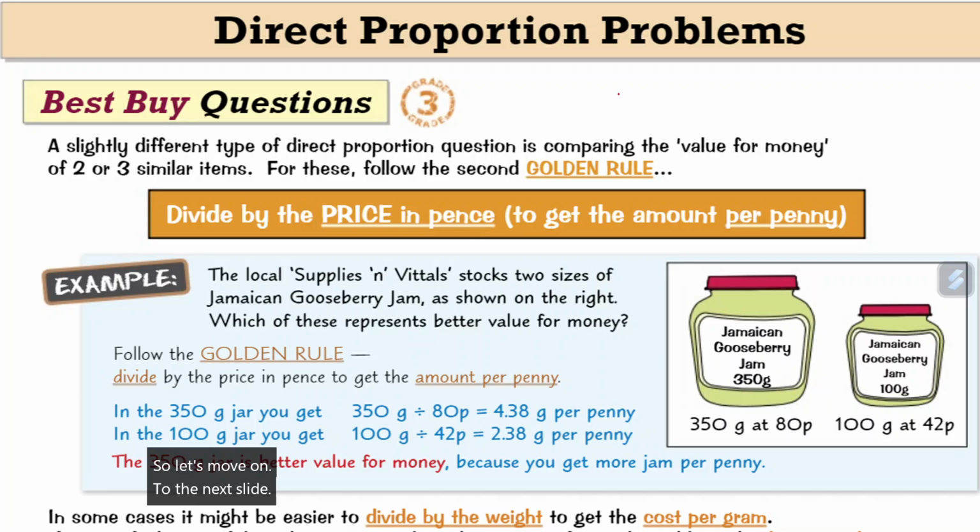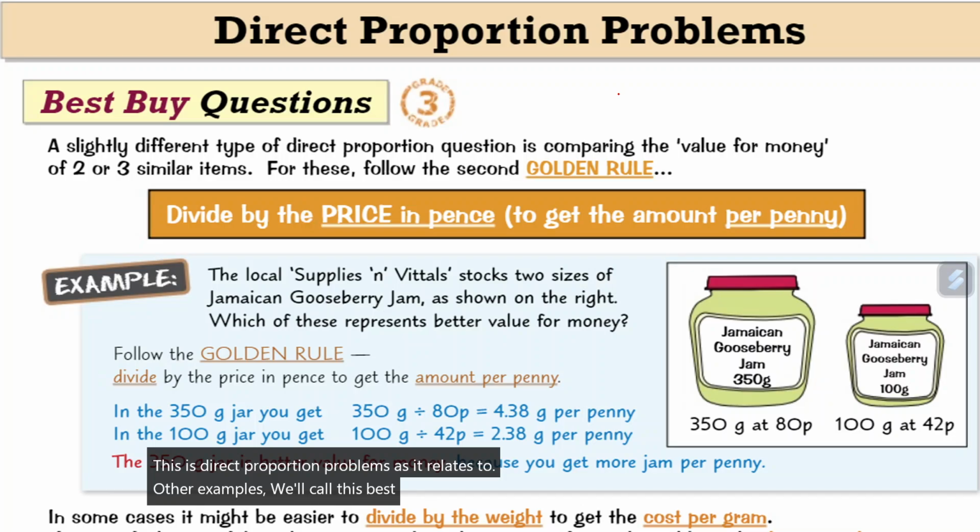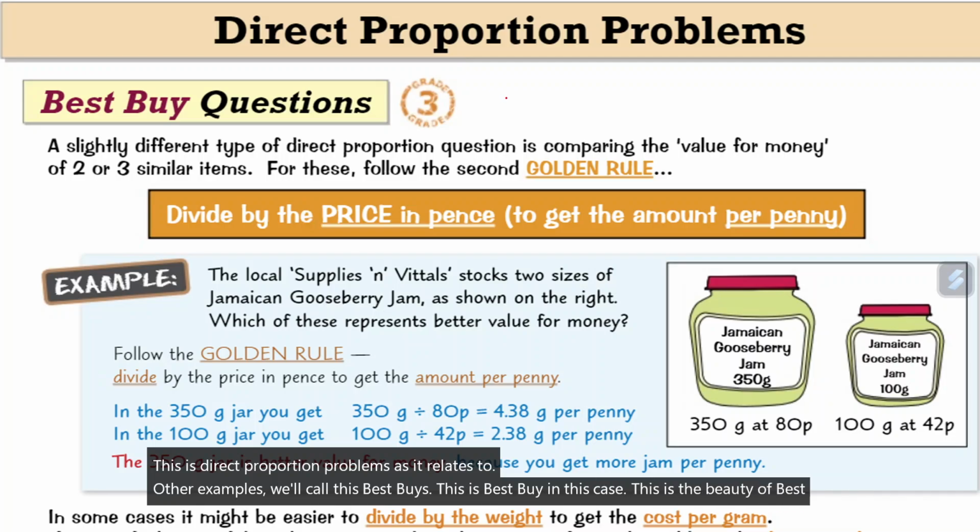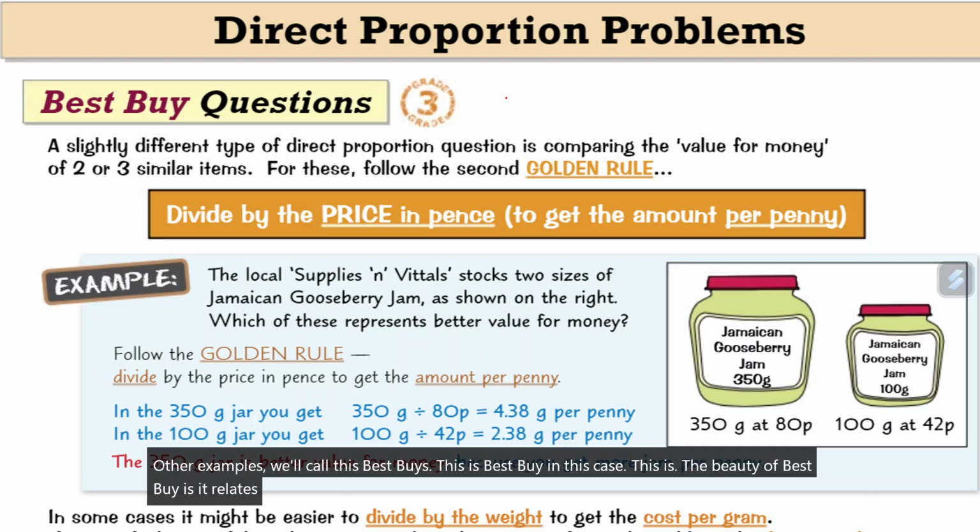This is direct proportion problems as it relates to other examples. We'll call this best buys. The beauty of best buy is it relates to our everyday life.